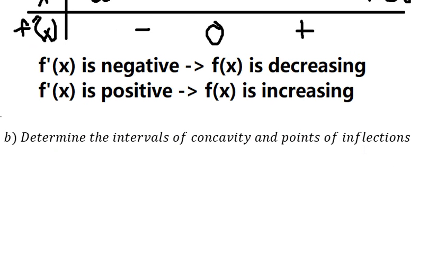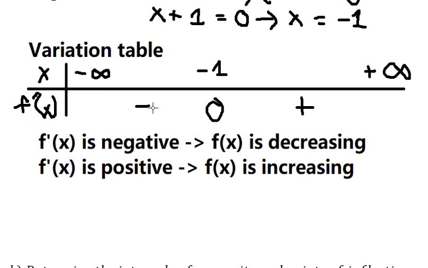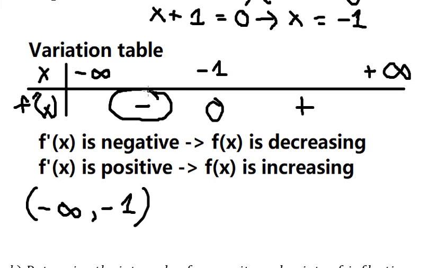Now look at the table. We see that on the interval from negative infinity to negative number 1, the first derivative is negative. That means this one is decreasing.